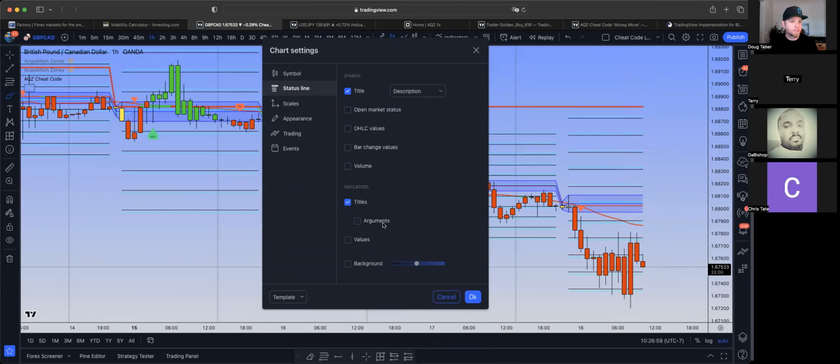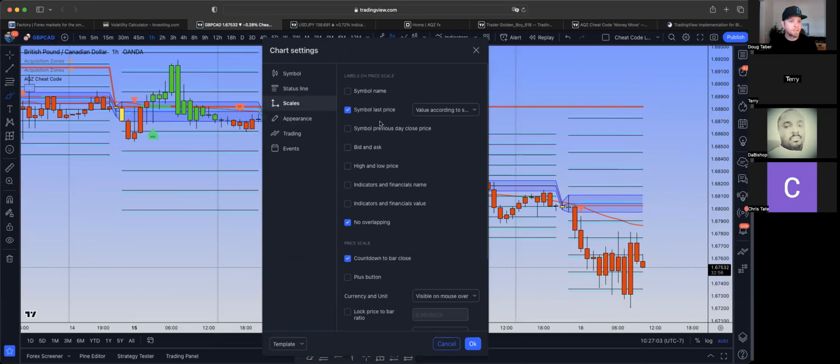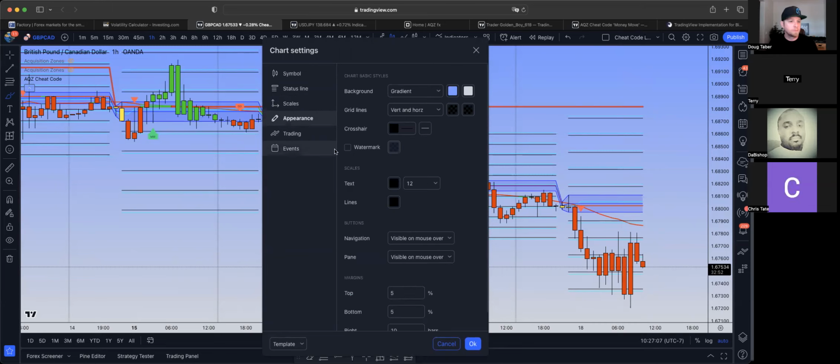I like everything set up as you see it here on status line, scales, appearance, like my text black, lines black, my crosshair. I like my crosshair to be a solid line in black, so that way I can see what I'm doing when I'm doing it.